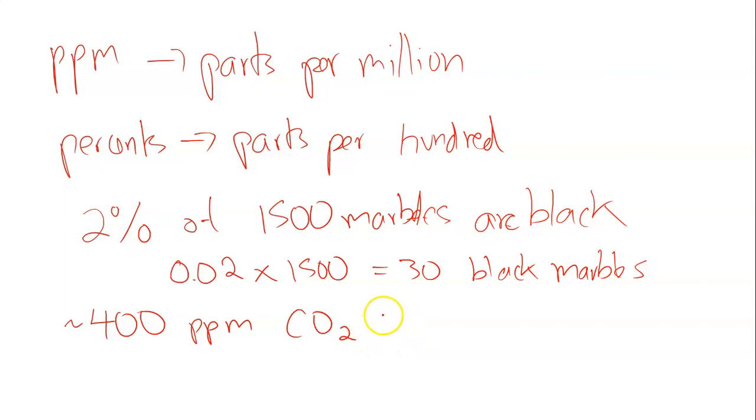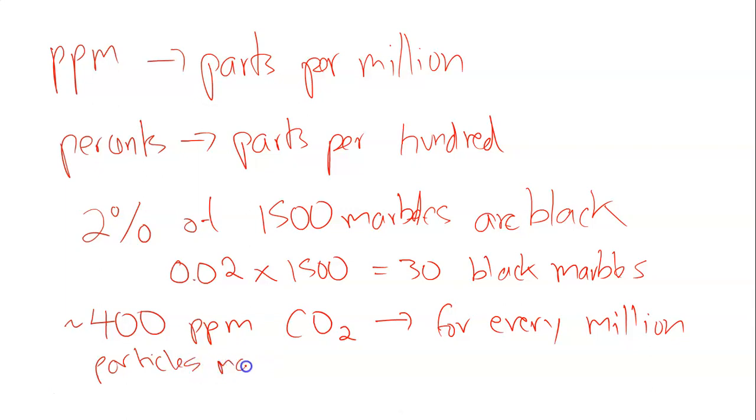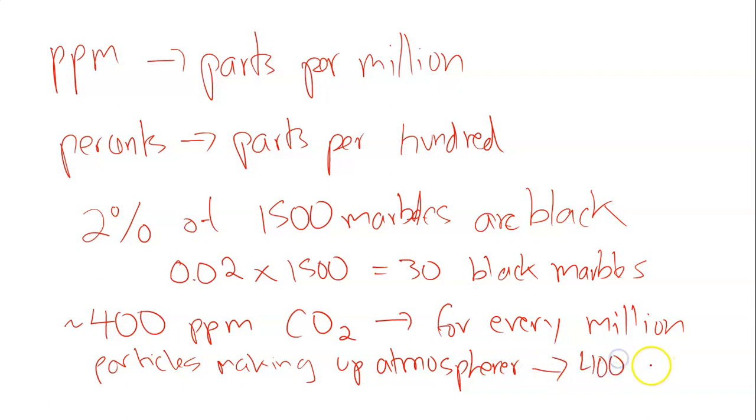And so what that means is out of every million particles making up our atmosphere, 400 are carbon dioxide. So that is the idea of how parts per million work.